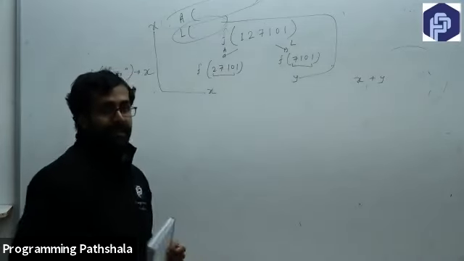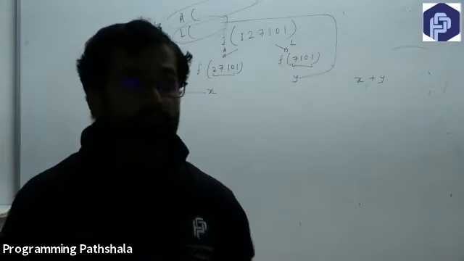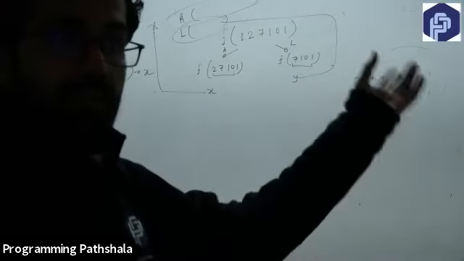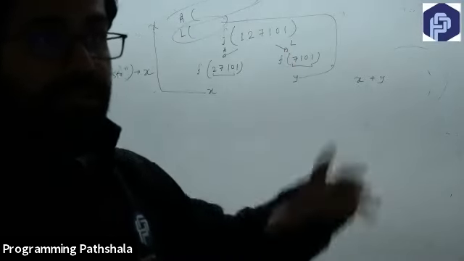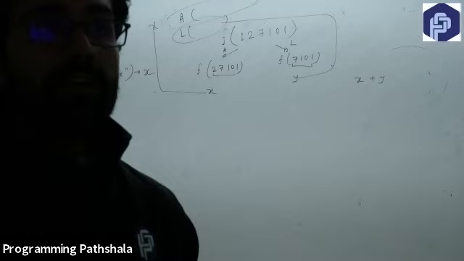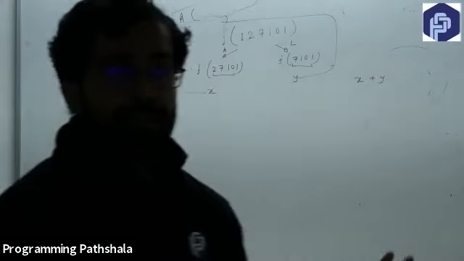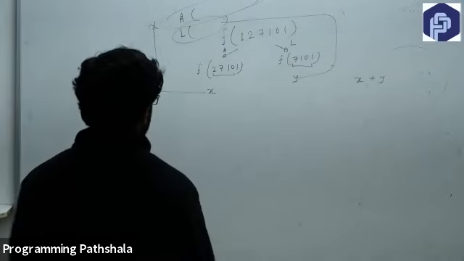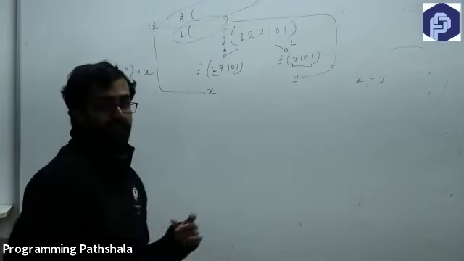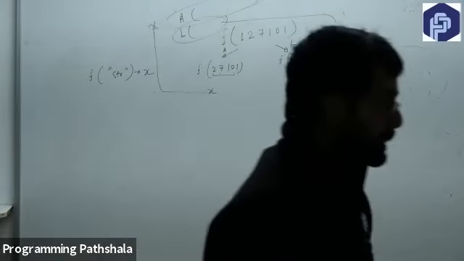The answer would be X plus Y. Is that clear? We make choices and then move ahead to the remainder of the input. Are you following what I just drew on the board? Then I can go ahead.